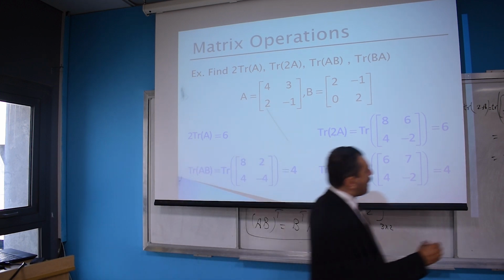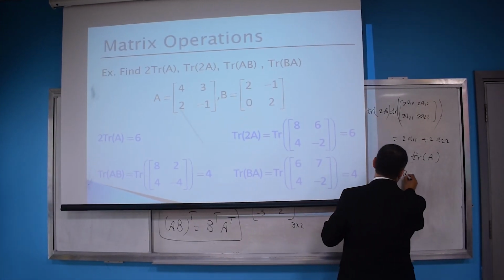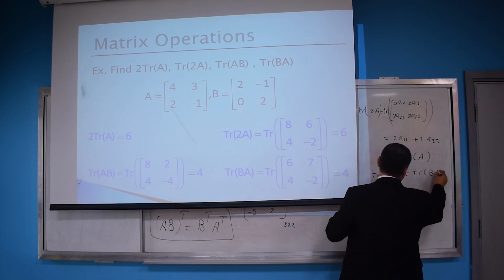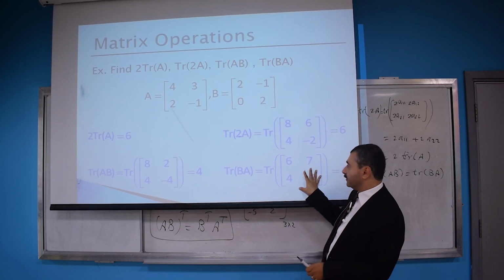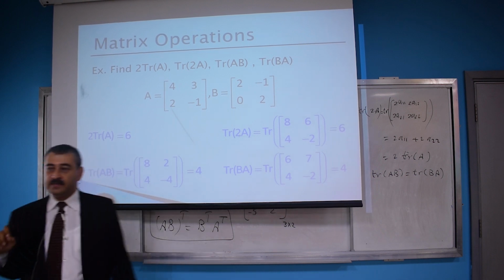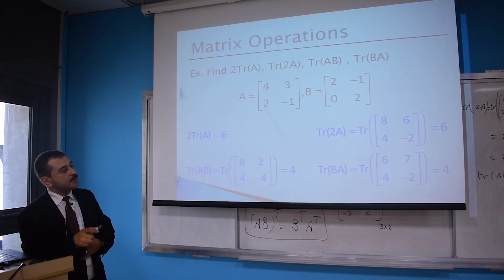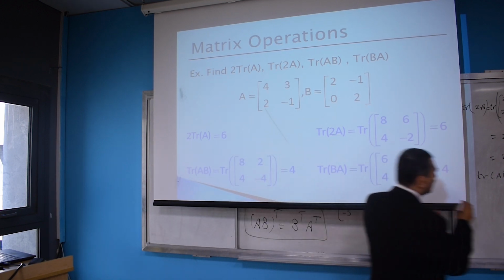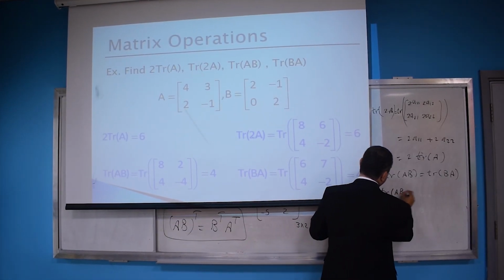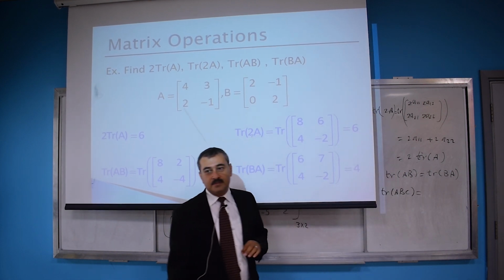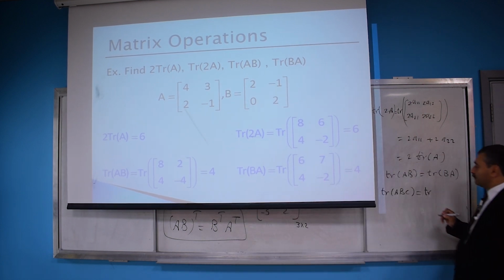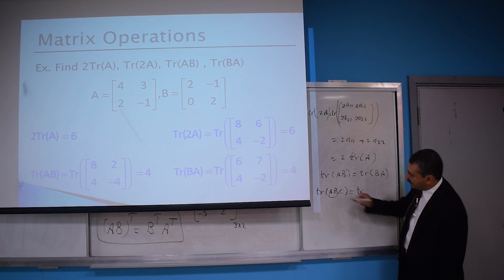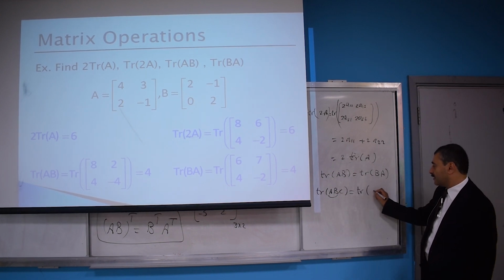Trace AB equals trace BA. Although AB is different from BA, two matrices are different, but they have the same trace. What can you say about trace ABC? You can take this guy as a matrix, so this is equal to trace C AB.